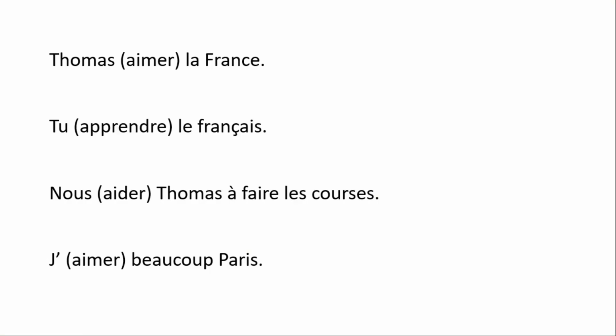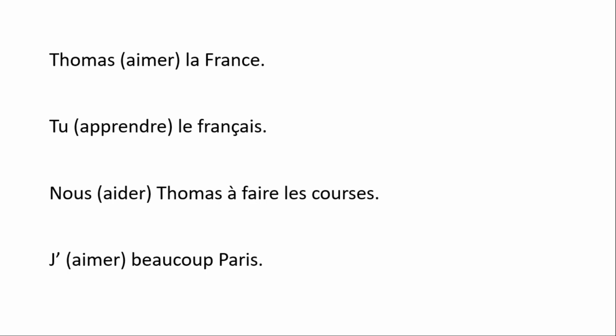I have some exercises, so if you want to do them alone, you can pause the video now, because we are going to correct them now. Okay, Thomas aimait la France. We just saw it, aimer ends with er, so we know it belongs to the first group.